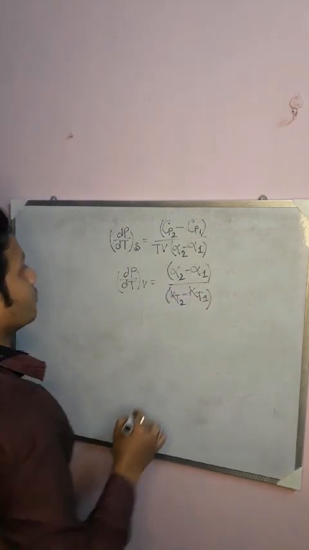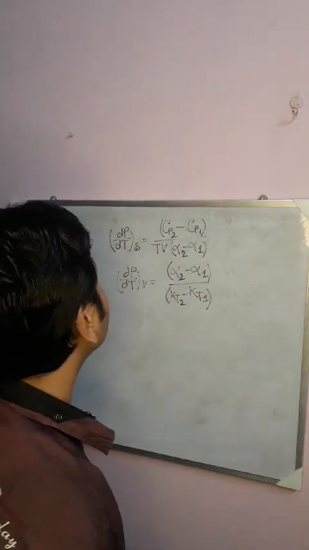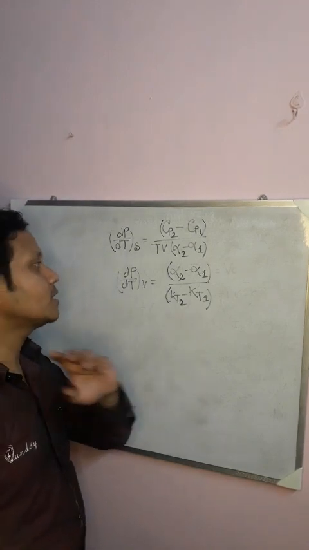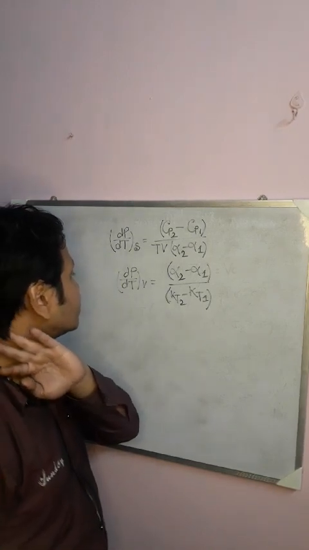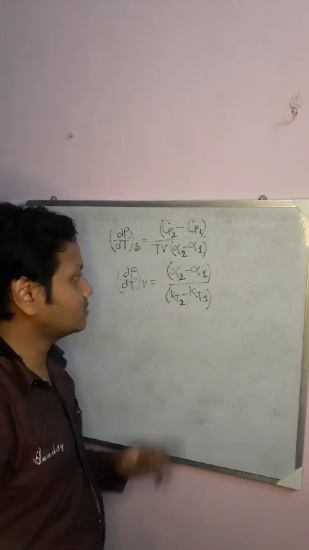Here Cp are the specific heats at constant pressure, alpha is the volume expansion coefficient, and Kt is the compressibility factor.